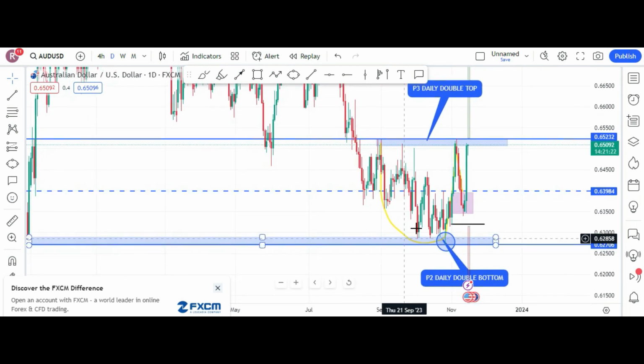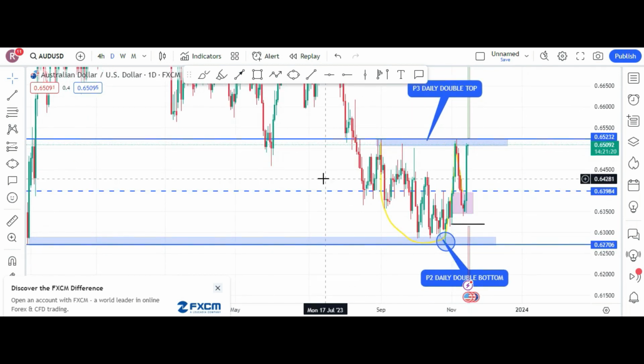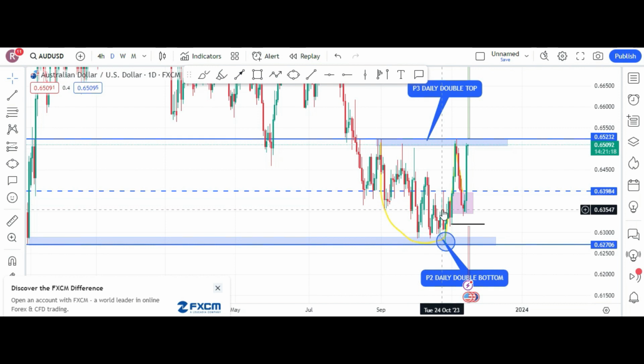So this is responsible for this current top, but we have seen that after going to this top, it was maintaining a very good channel, a range. So considering that this daily double bottom P2 has formed this daily P3 double top.